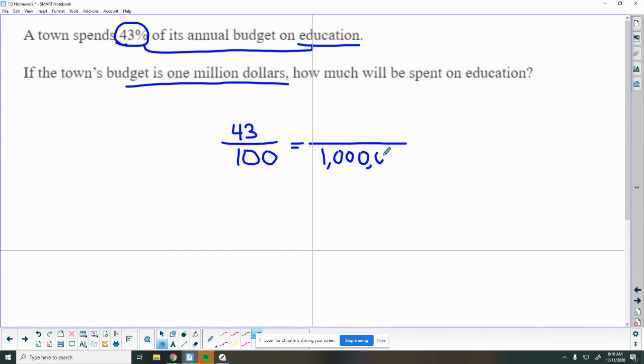Okay. 1 million. How much will be spent on education here? So we're going to take these and multiply and then divide by 100. So even though those are big numbers, it's a lot of zeros. It's going to make that pretty easy. So that will tell us the money spent on education.